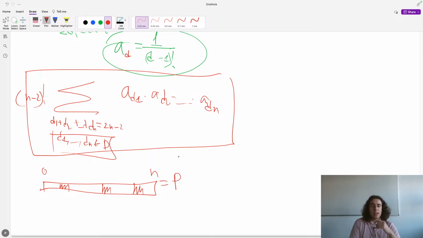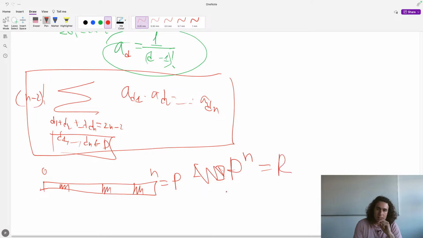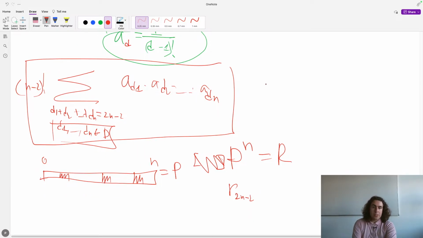This is going to be a polynomial p, and what we're interested in, we want to take p to the nth power and take its coefficient, like this is going to be r. We want to take r's 2n minus 2 coefficient, right? Because if you think about it, we can write p as a sum of some degrees.